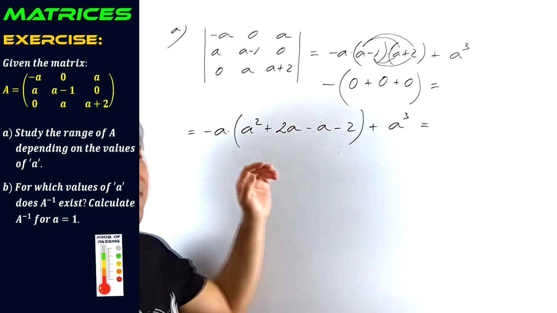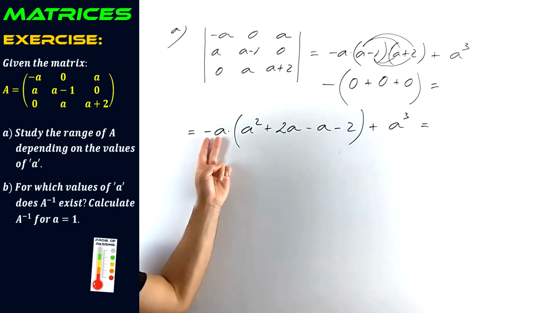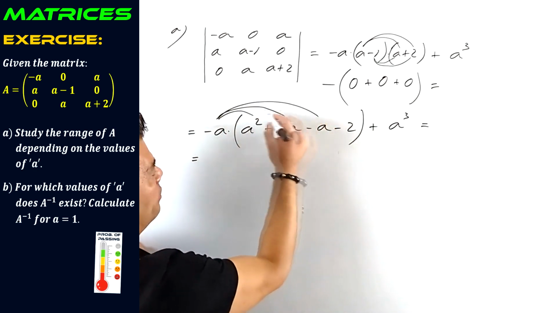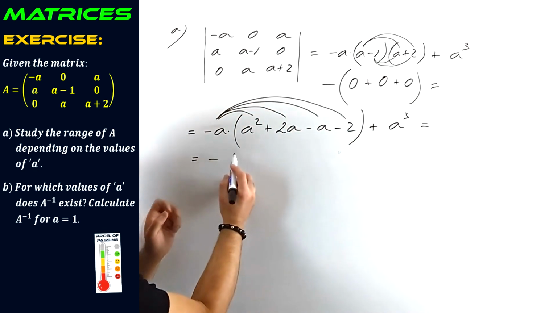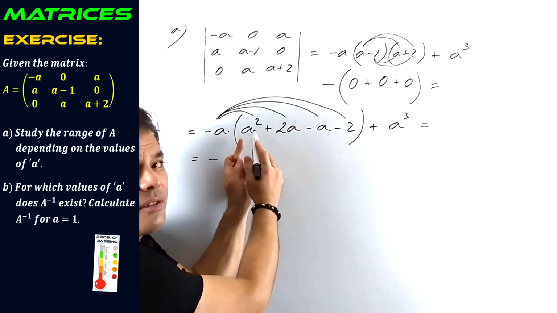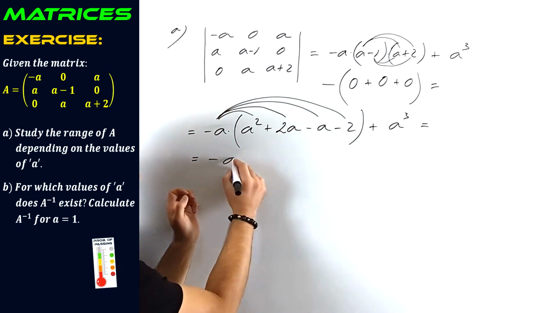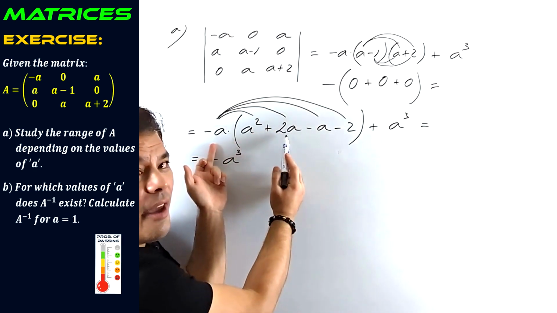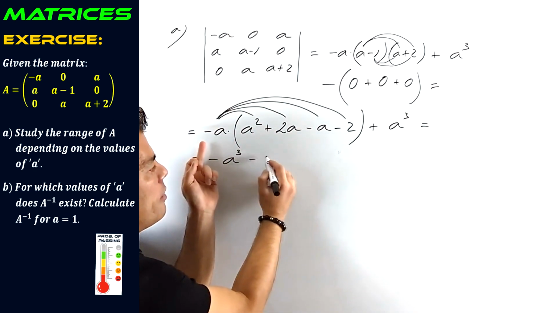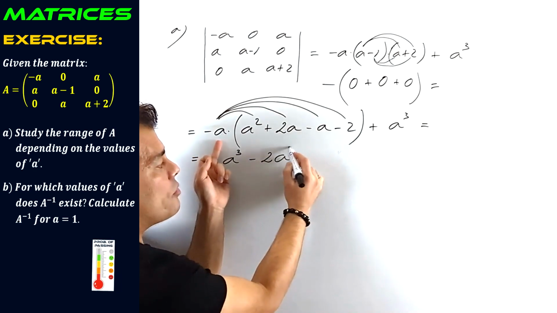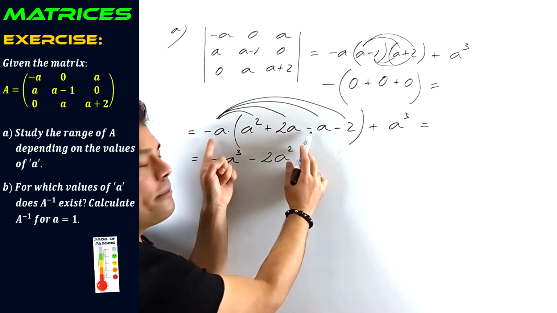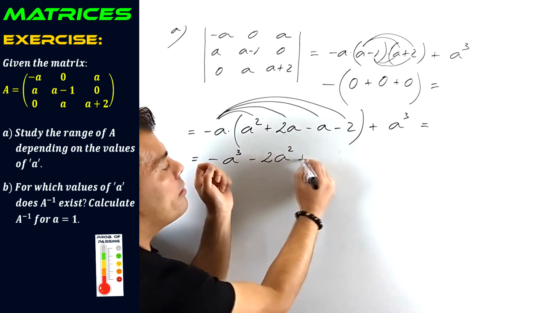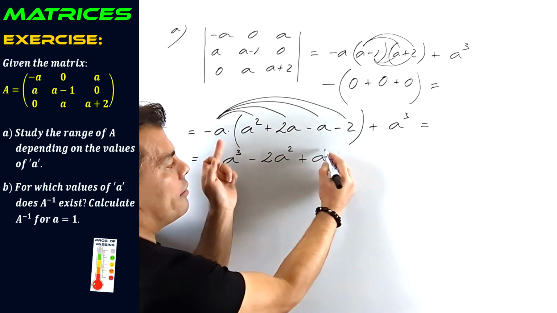We are almost there. Now it's time to multiply negative A. There you can see what we are going to do. Negative A times A squared is negative A cubed. Negative A times 2A is negative 2A squared. Third, negative A times negative A is plus A squared.